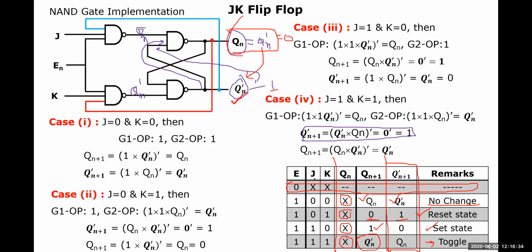In this way, we have discussed this JK flip-flop, and it plays a vital role in our future constructions. Then, if you eliminate this condition and this condition, obviously only this condition and this condition will exist.